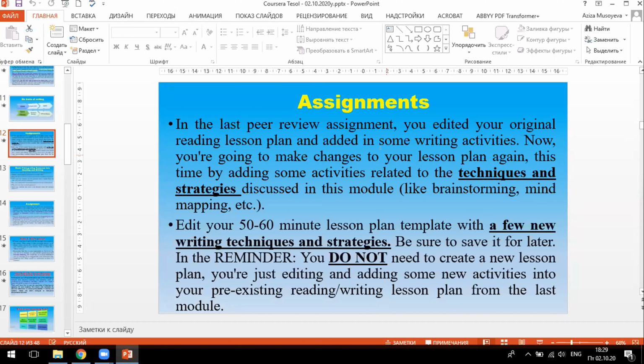Brainstorming is just collecting main ideas about the specific topic chosen by students or by the teacher. You just brainstorm your brief ideas about this topic, what comes to your mind, and then you write on the blackboard together with the teacher, or the students can do it by themselves, if I'm not mistaken.